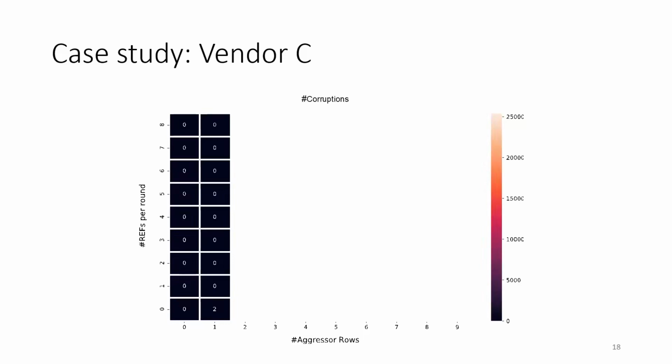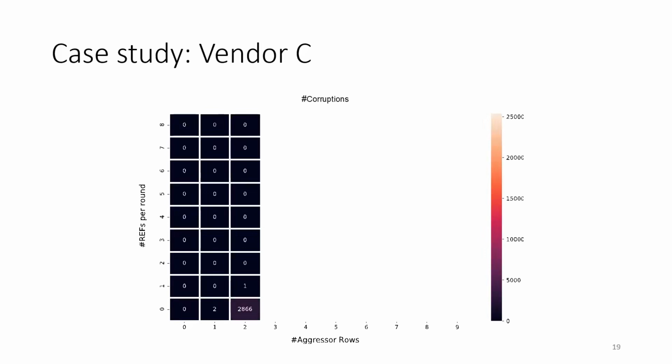In the figure, the x-axis reports the number of aggressor rows, while the y-axis reports the number of refreshes issued at the end of each hammering round. Each column shows tests for a different number n of aggressor rows. Each cell reports the number of bit flips triggered activating n aggressor rows and issuing R refreshes.